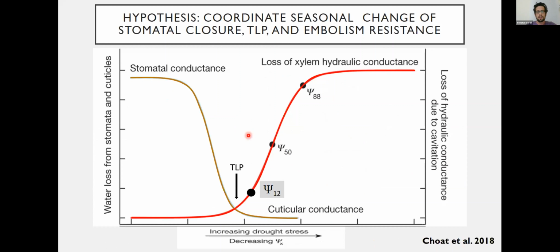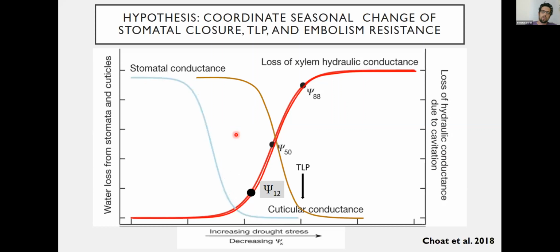But we hypothesize that over the season, there will be a shift in the water potential values to lower values. So the turgor loss point will shift, with the stomatal conductance and the vulnerability to cavitation, to lower water potential values.